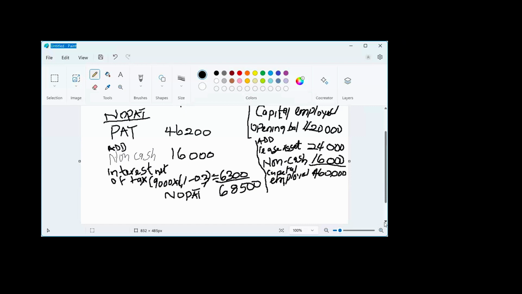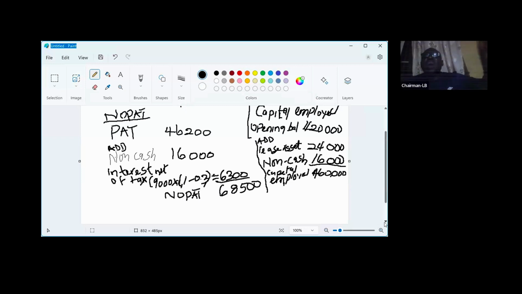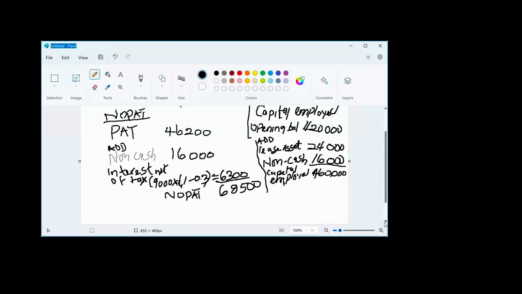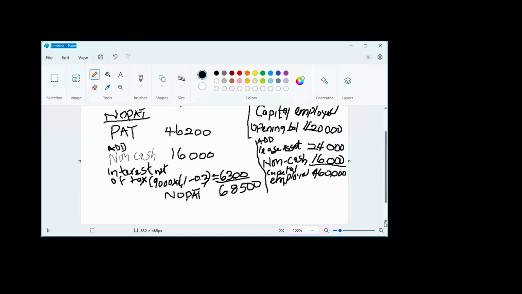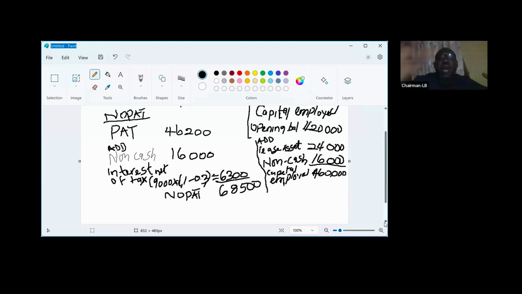If you don't put that rent, that means you are going to be paying higher tax. In reality, you have not paid any rent out. That means no cash is leaving you. That means the non-cash part, we are going to add it back.